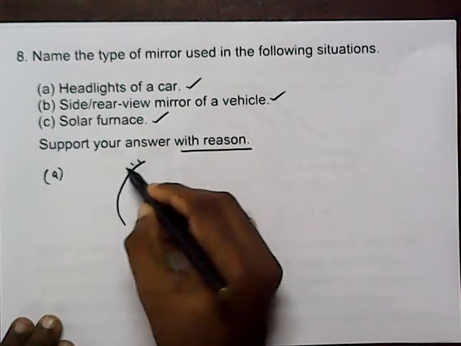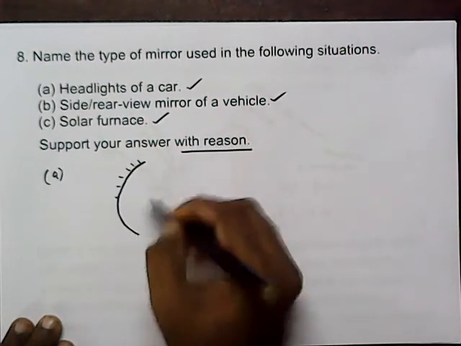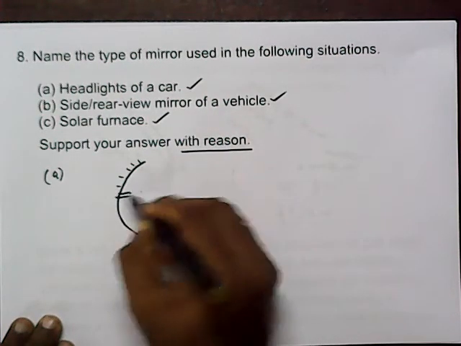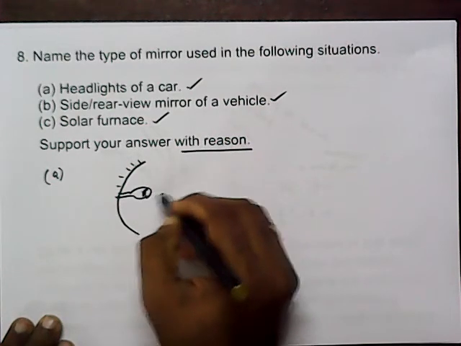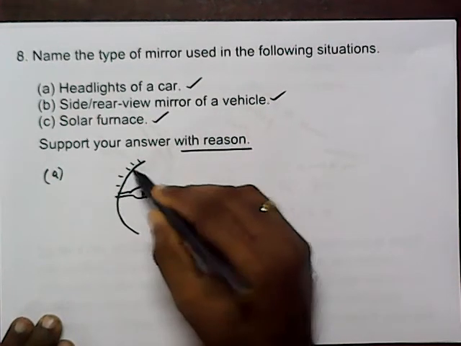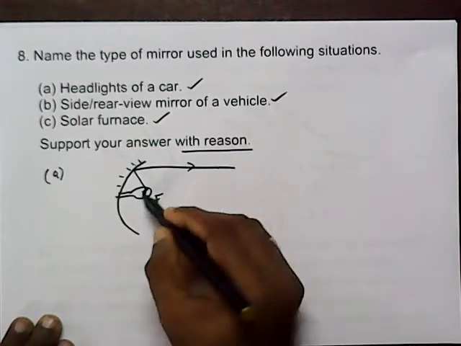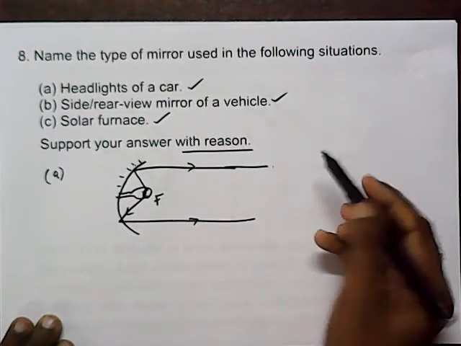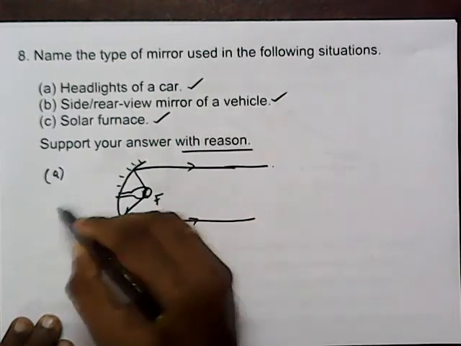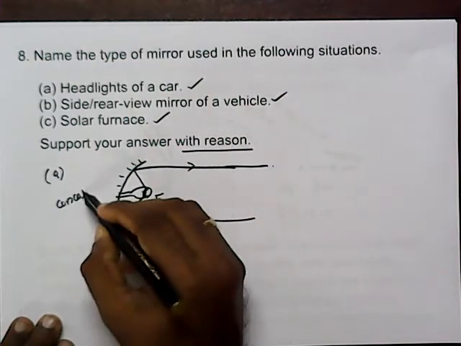The purpose is this one. The bulb is placed on its focus. So from that, the lights, after reflection, become more parallel. So that is a concept. So we have to use a concave mirror for the first case.